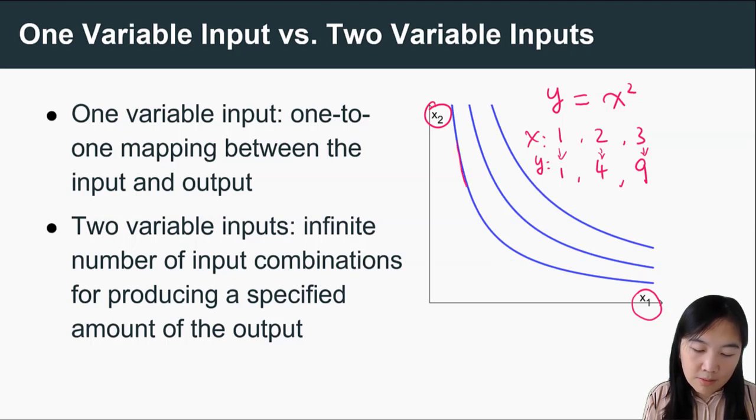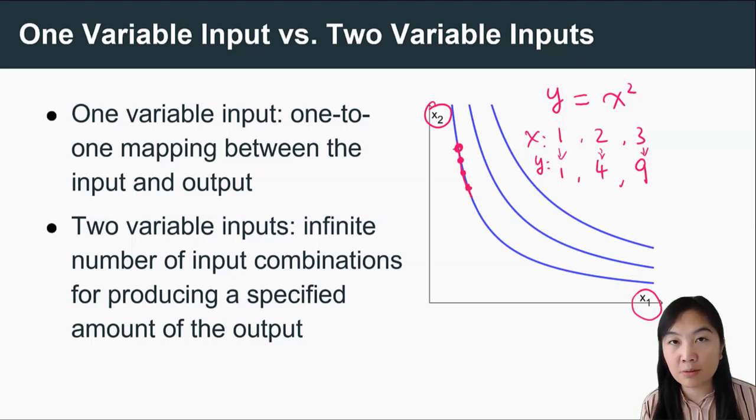Along the same isoquant, you can find infinitely many different combinations of x1 and x2 to produce the same level of y. So you have to be clear that in the two variable case, the difference from the one input case is that we have many different combinations of inputs. In the one input case, we don't need to choose the input used. However, here the producer has to decide which input combination to use.